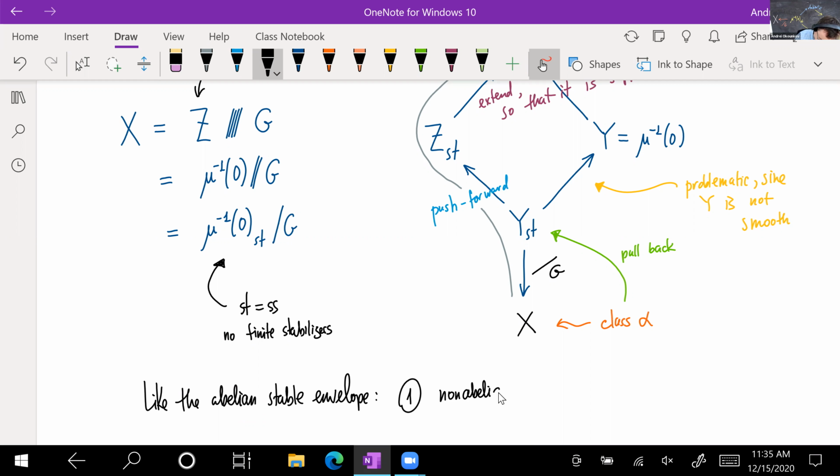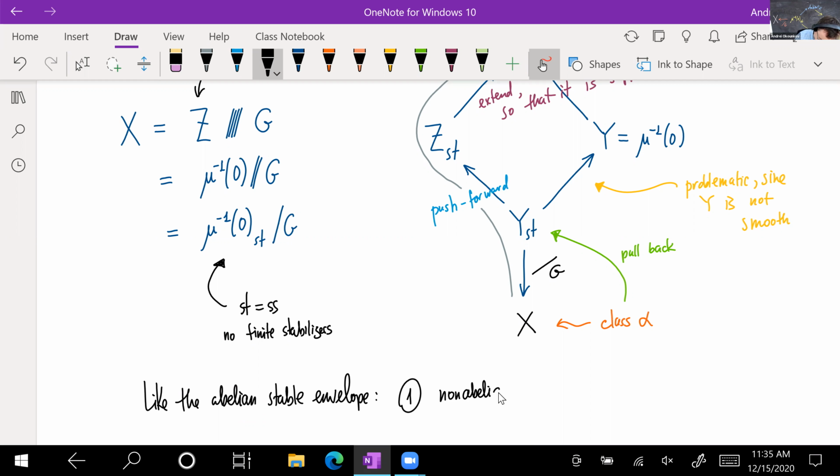Remember we had this for projective space. For projective space, the elliptic cohomology is some sort of union of abelian varieties, and then you embed this into the ambient space.